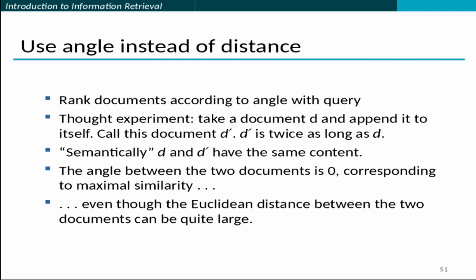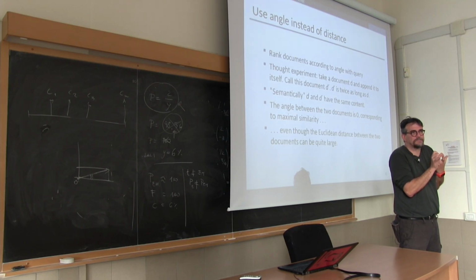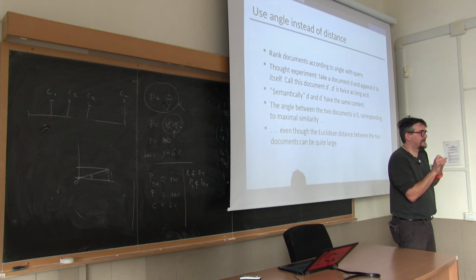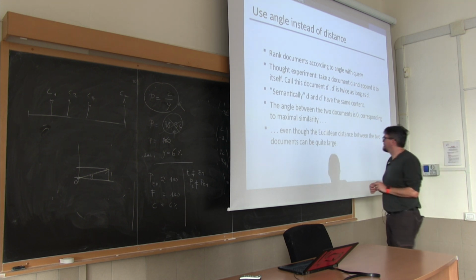Even if we had a more sophisticated model, there is no contribution; it's the same content. But if you consider the Euclidean distance, there is a distance, while if you consider the angle, there is no distance. And that's why we want to take the angle into consideration.